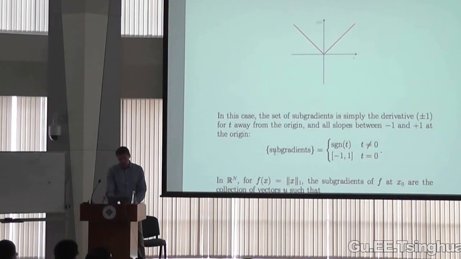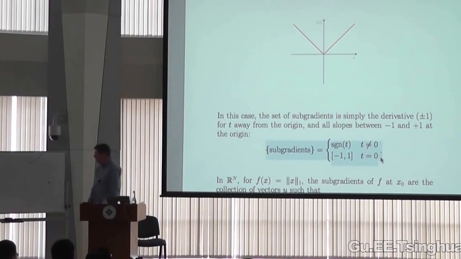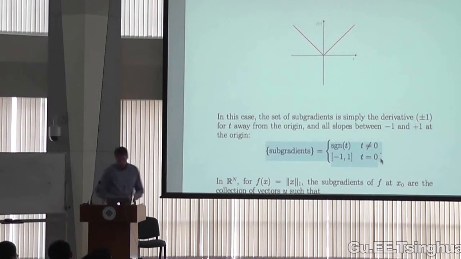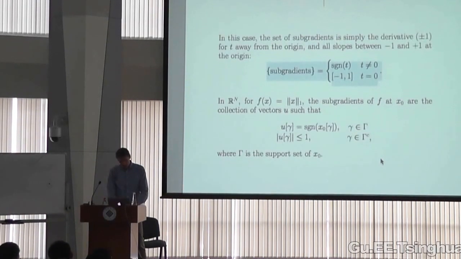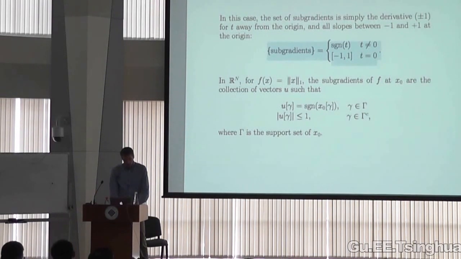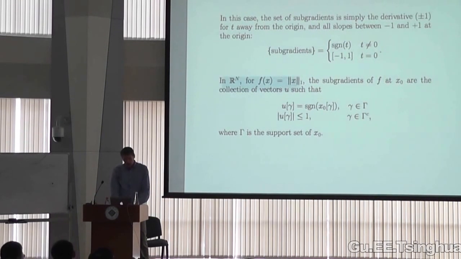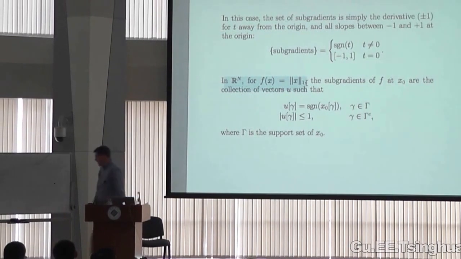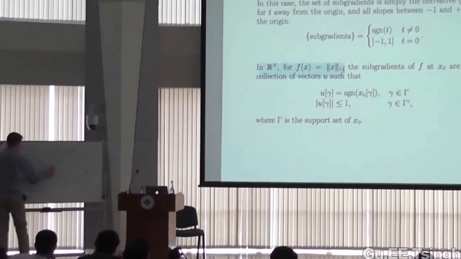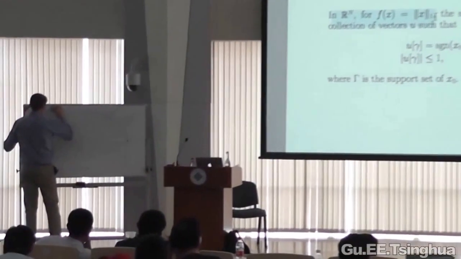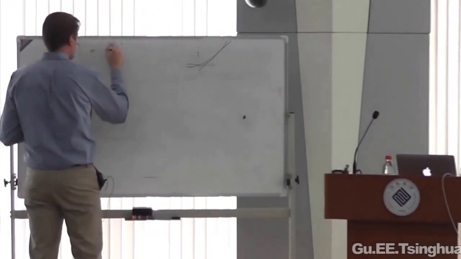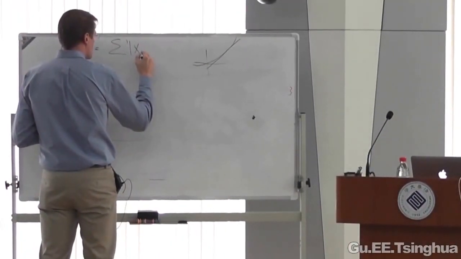So this idea that the absolute value has many derivatives, we can translate immediately to the L1 norm. More generally, if instead of f of x being the absolute value of x, I talk about x being a vector, now we can say f of x is the sum of the absolute values of the entries of x.